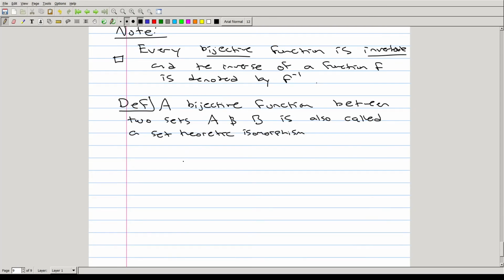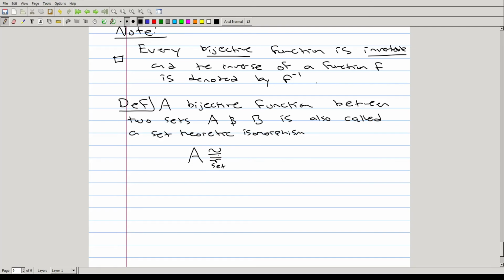And this is denoted in different ways. However, a very common way is to put an equality sign with a tilde over it. There are different types of isomorphisms, so we want to be very specific. A set theoretic isomorphism is the simplest type of isomorphism.